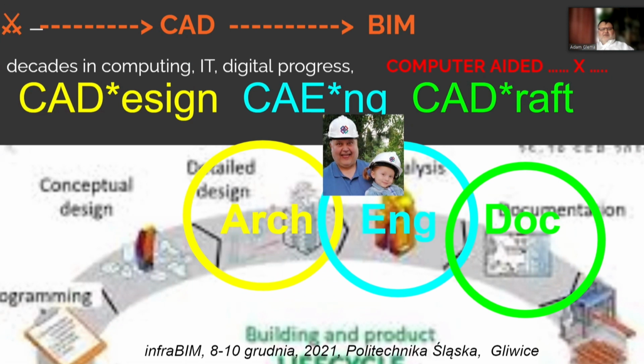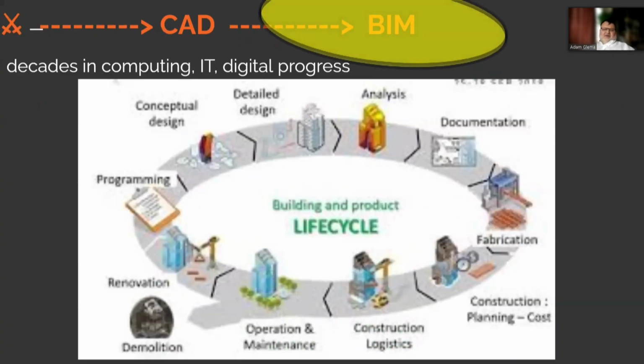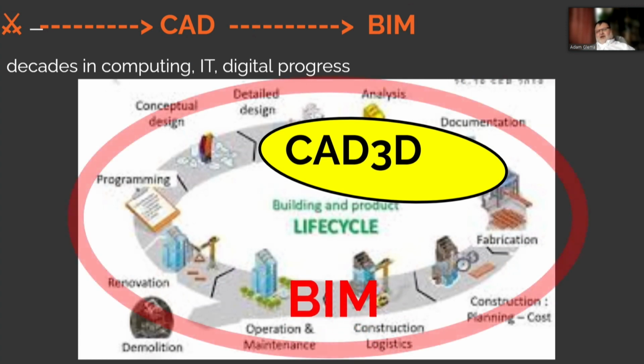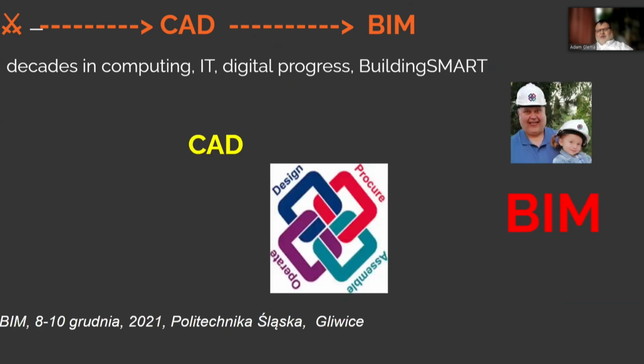This is reflected in the fact that CAD was sometimes understood as computer-aided design, and then computer-aided drafting. So there are many more abbreviations, and I think you know this slide, which I'm showing. I'm showing the life cycle of a building in relation to CAD, and these 3 elements I mentioned actually cover only part of the total, whereas BIM is a bit more.